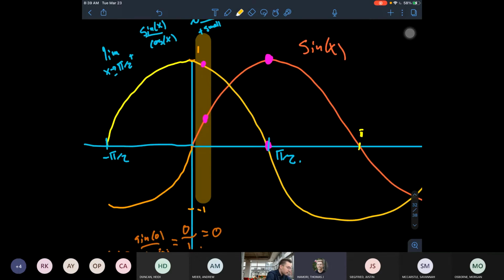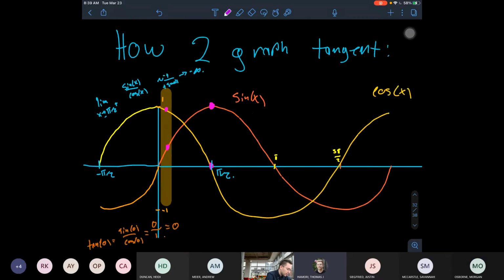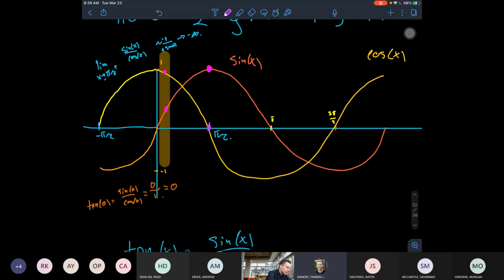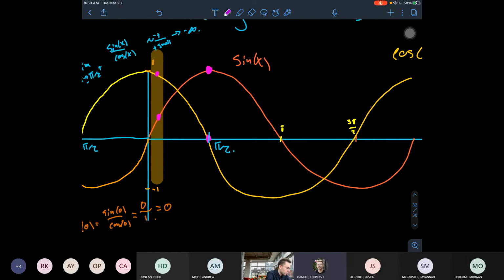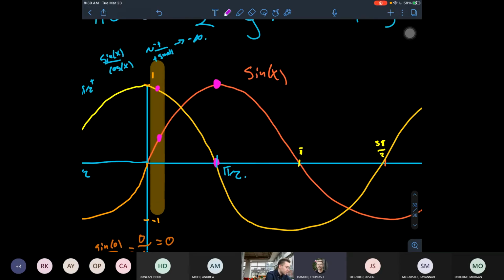Well, if we want to know what does the graph of tangent look like at that point, well, I know that tangent of theta is equal to sine of theta divided by cosine of theta. So what I can do is look at the graphs of sine and cosine, and take the height of sine, which is given by this orange curve here, and divide it by the height of the cosine graph.